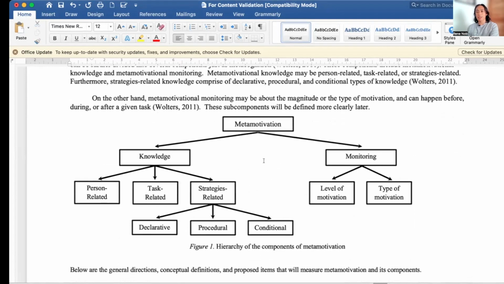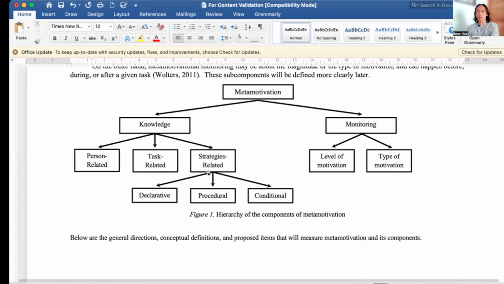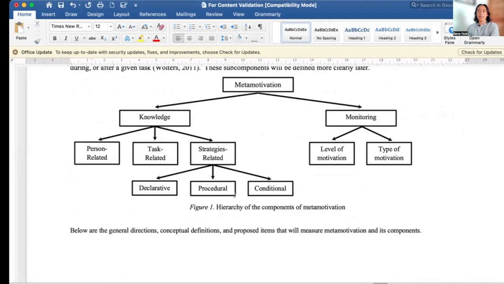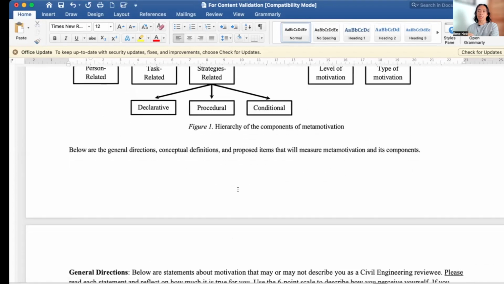The literature suggests that meta motivation is divided into knowledge and monitoring. Under monitoring, there's monitoring of level of motivation and monitoring of type of motivation. Under knowledge, there are specific types of knowledge: person-related, task-related, and strategies-related. My attempt to generate items is based on this particular conceptualization.